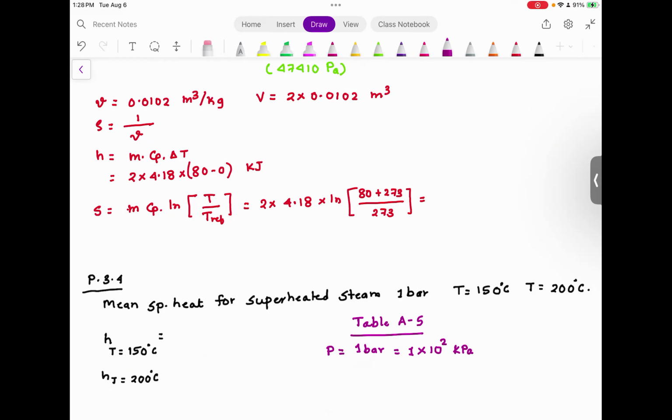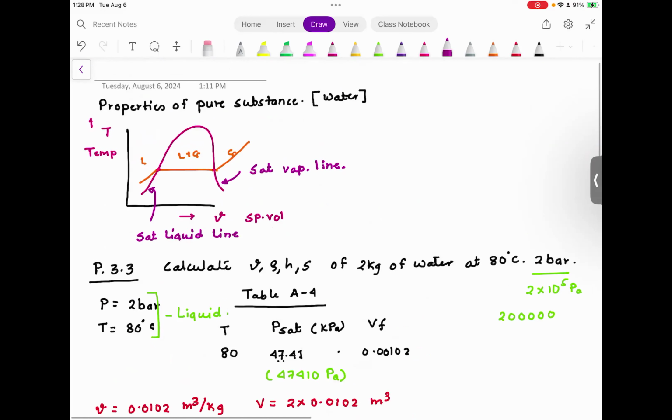So if the temperature is 150, what does it mean? It means the steam is boiling. The water has boiled. Okay, now check this out. If you are looking at the pressure of 1 bar, do you agree with me that this temperature is going to be 100 degrees C?